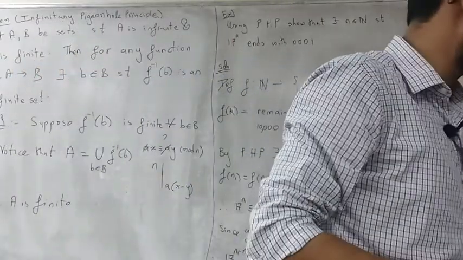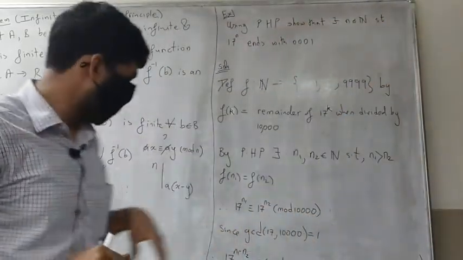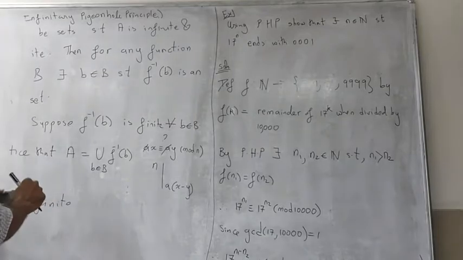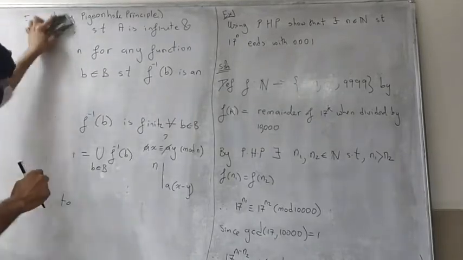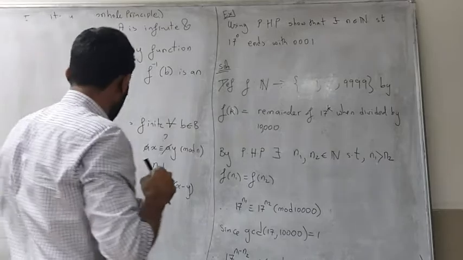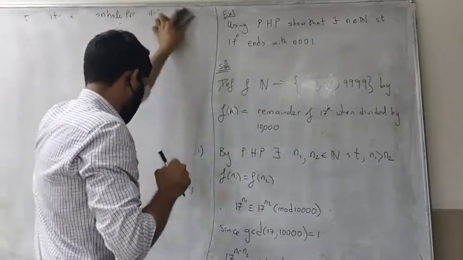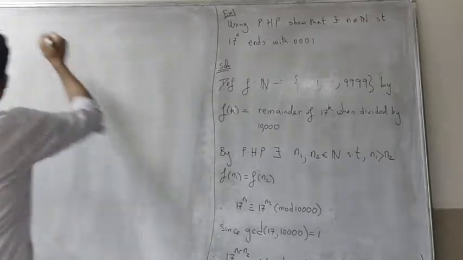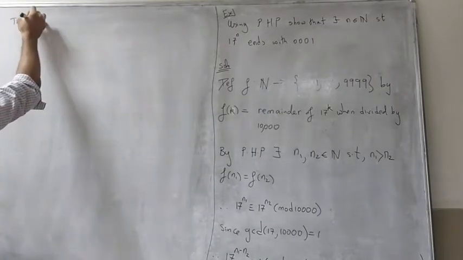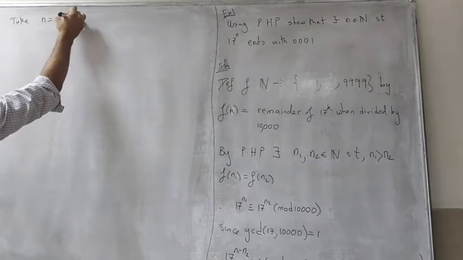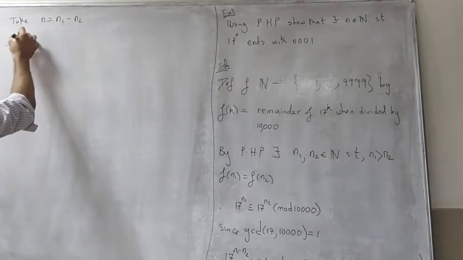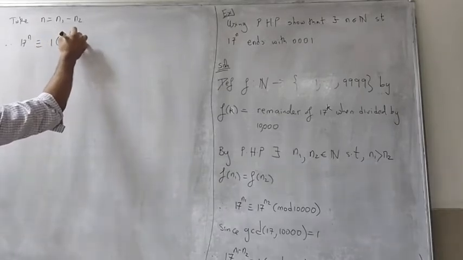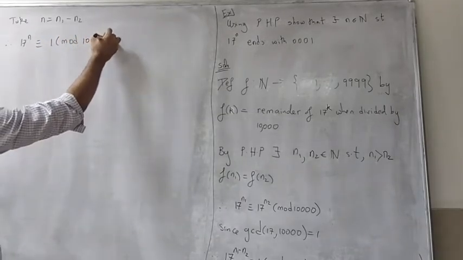What is the remainder of 17 raised to n1 minus n2 when divided by 10,000? So you take your n to be n1 minus n2, therefore what you will have is 17 raised to n is congruent to 1 modulo 10,000.